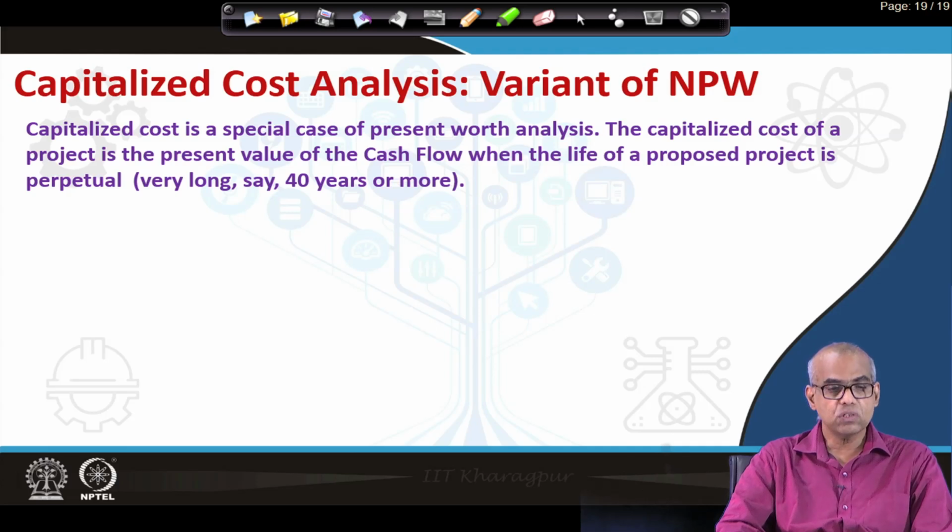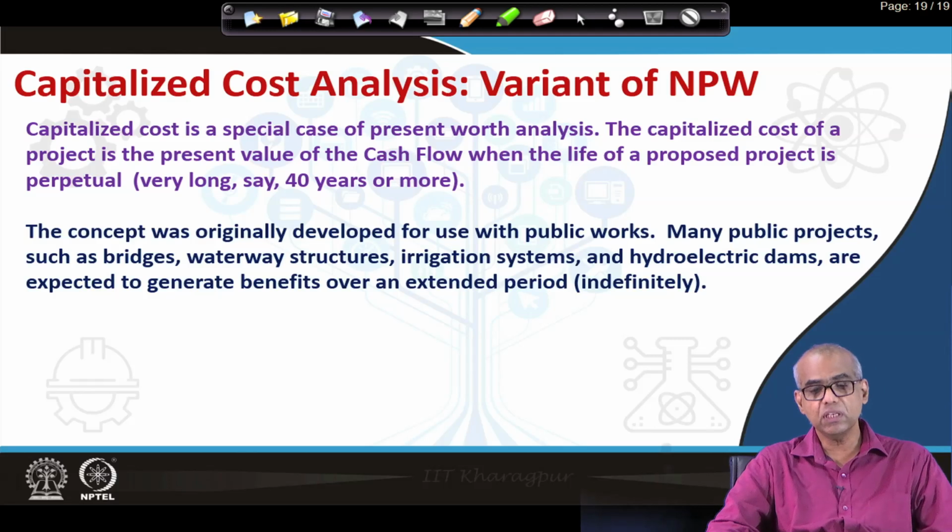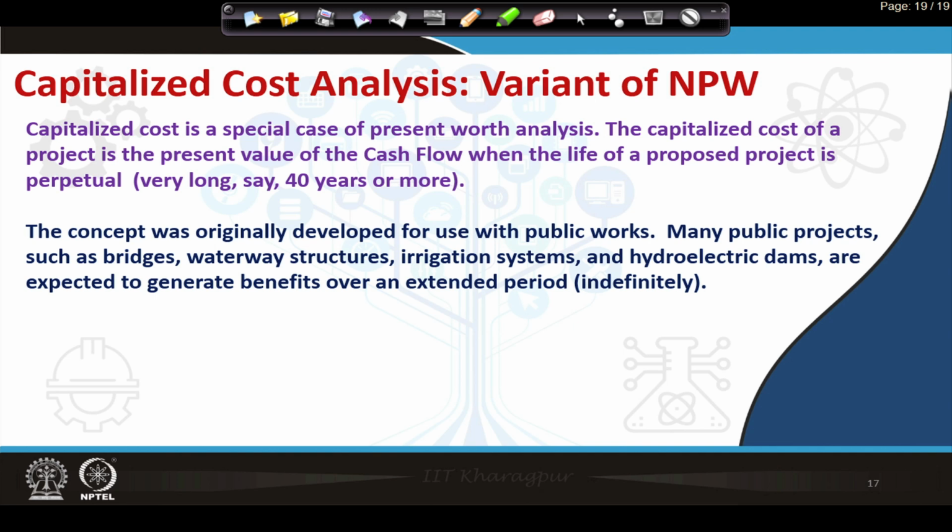The capitalized cost of a project is the present value of the cash flow when the life of a proposed project is very long or perpetual. The concept was originally developed for use with public works. Many public projects such as bridges, waterway structures, irrigation systems, hydroelectric dams, etc., are expected to generate benefits over an extended period.